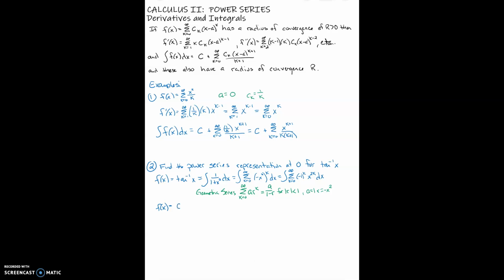We end up with our constant c plus the sum as k goes from 0 to infinity. I'll keep that negative 1 to the k in the front. The x will add 1 to that exponent and then divide by that same exponent. All right, well, there we go.